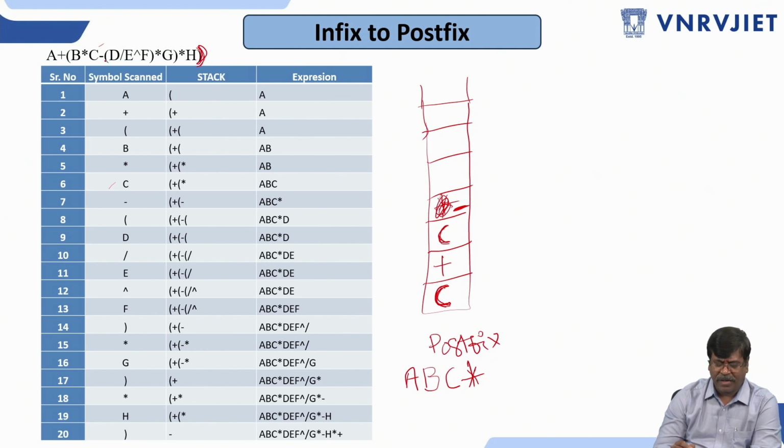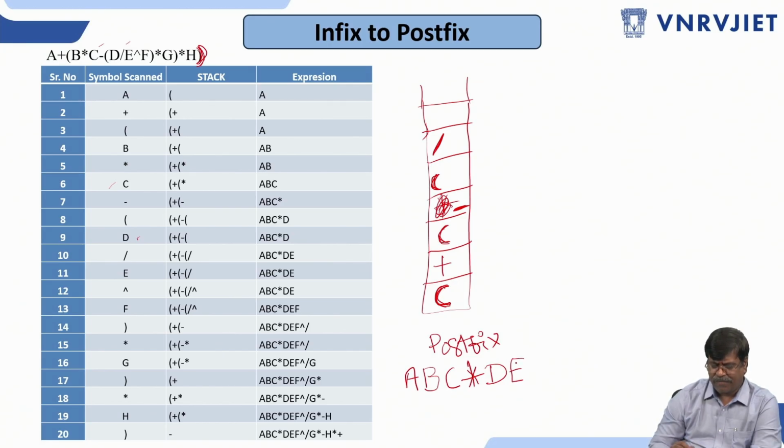Next, I am getting open bracket. The next symbol is D. So it is an operand. Directly you can add it to the postfix expression. Then you are getting the next symbol, that is slash. On top of the bracket, on top of parenthesis, I can place that slash. Next I encounter the character E, an operand.